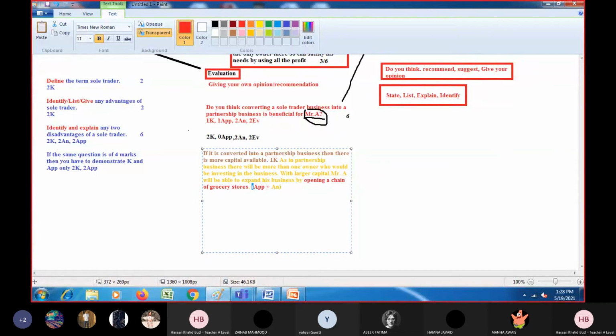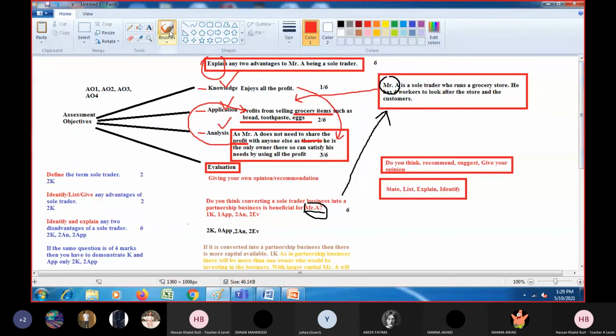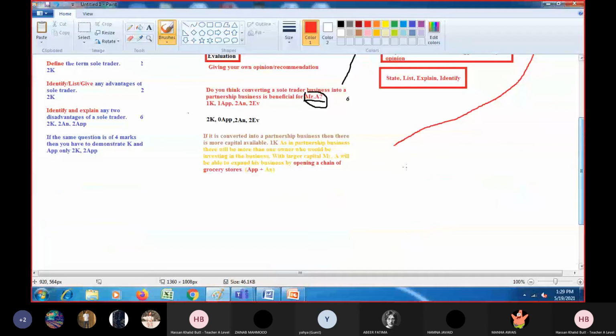So rather than just mentioning expansion of the business, I extended it by saying by opening a chain of grocery stores. So now you can see in the question as well. Let me show it to you above. That was the situation, na? So you can easily see it's mentioned there. It's a grocery store. So it means that I picked the point right from there, okay, and I mention it right there, right?